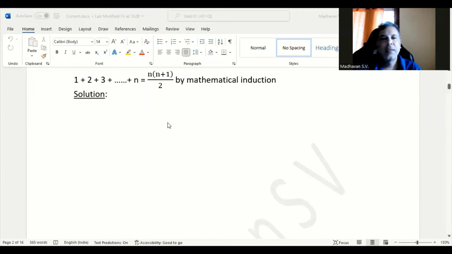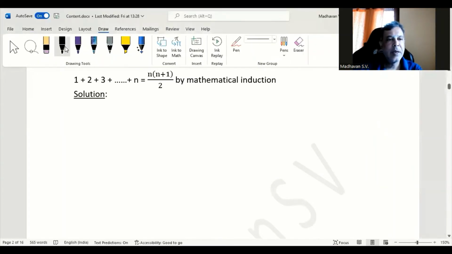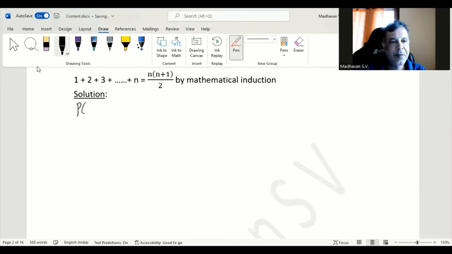First of all, we will call the given formula P of n. So P of n is: 1 plus 2 plus 3 and so on up to n is n into n plus 1 by 2.